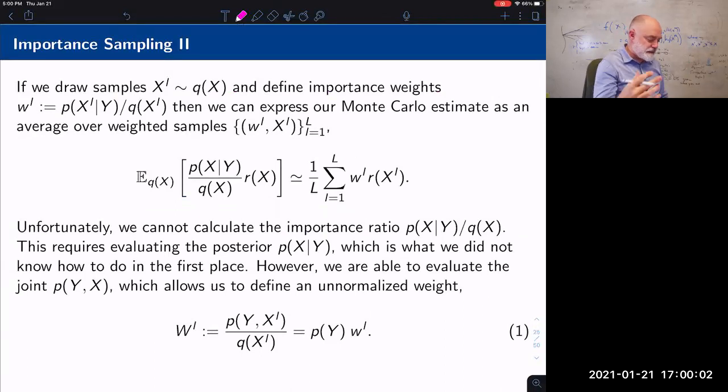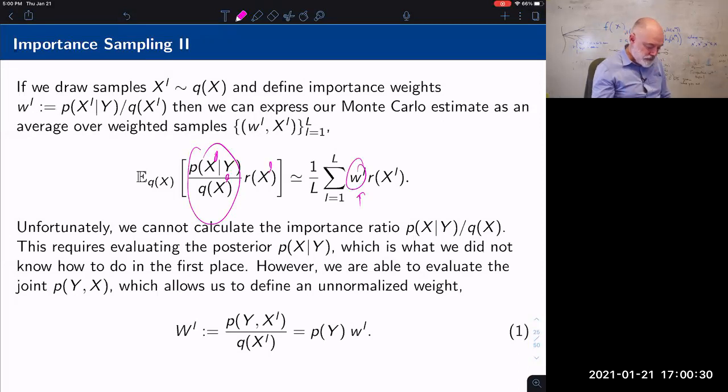If we draw samples from Q and define what we'll call importance weights, which are just the evaluation of the posterior density over the proposal density, we can express our Monte Carlo estimate as an average over weighted samples. If we could evaluate the value of this ratio, then the expectation is pretty straightforward. You just plug in the x^l values everywhere, resulting in some weights here.